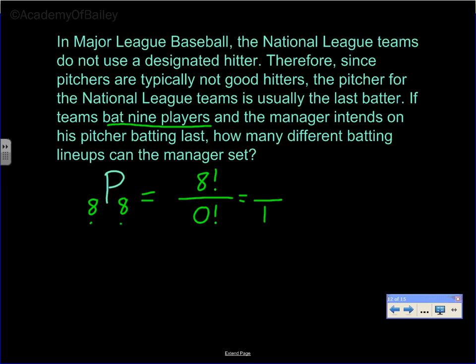Most of them are that way. So, 8 factorial is 40,320. And 40,320 over 1 is just 40,320.